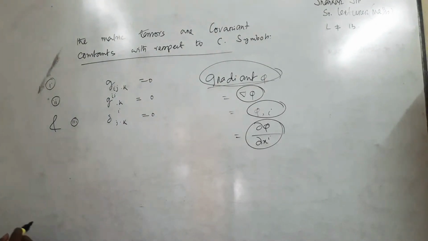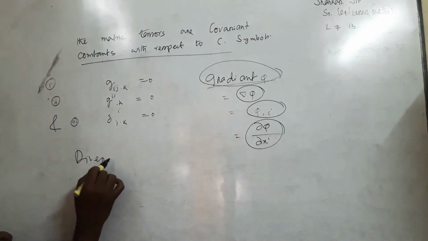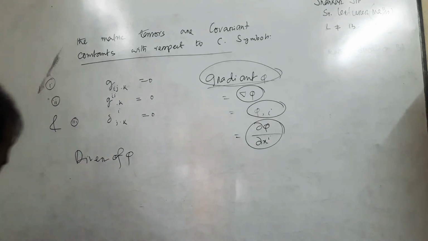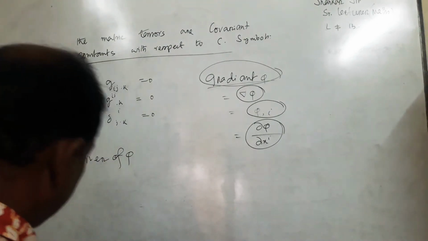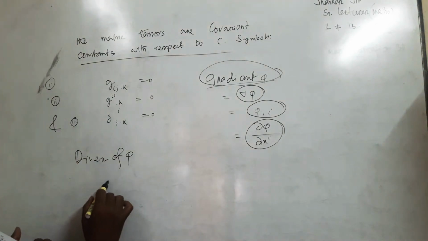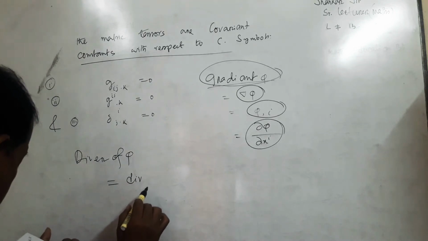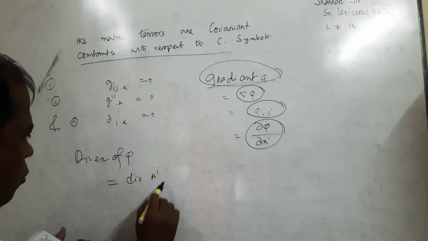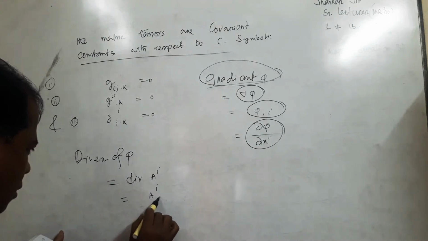And divergence. Divergence of A^i is equal to A^i comma i, also written A^i comma j.